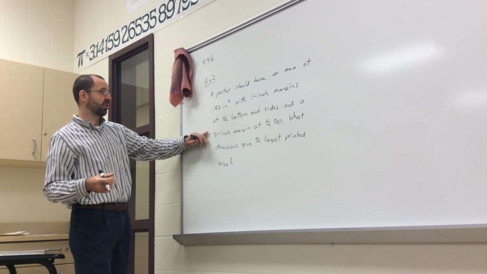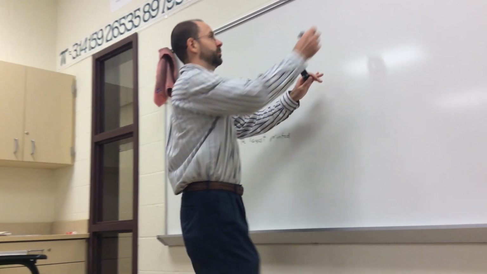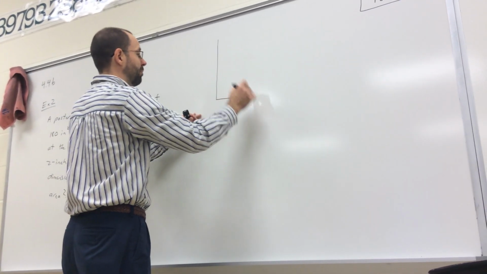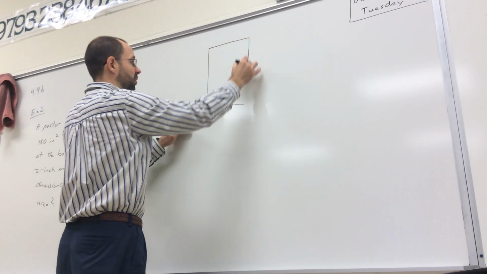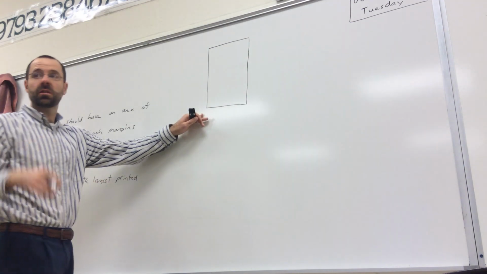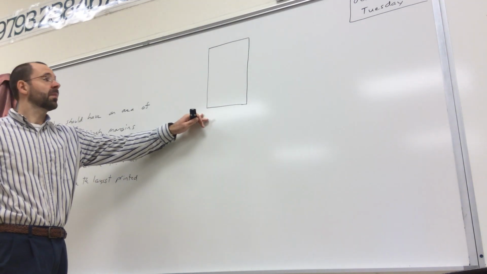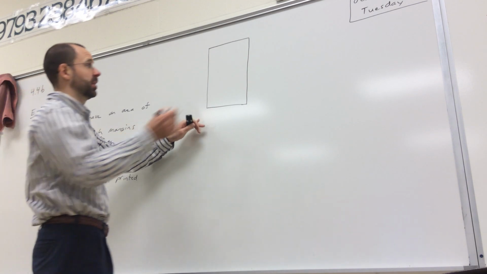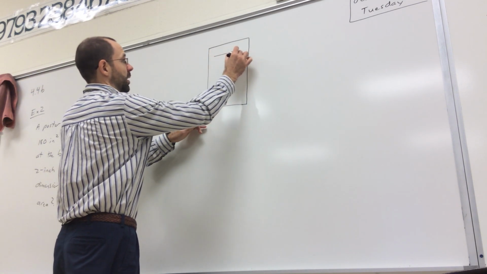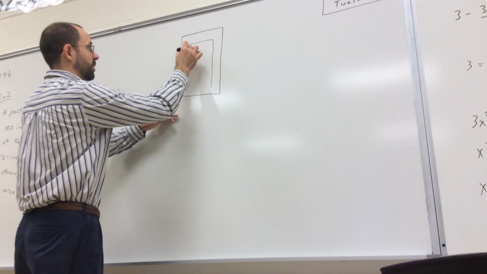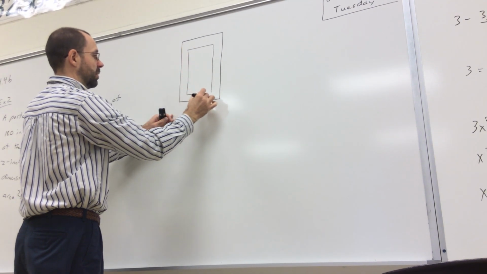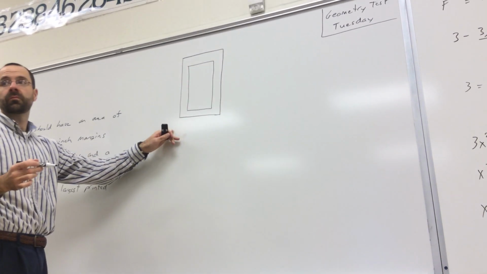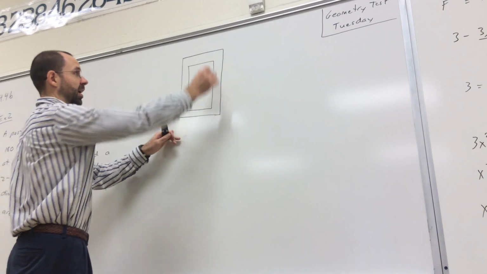All right, so I'm going to start drawing this poster. Here's the overall poster. And then there's printing in the middle of it. So it kind of looks like this. There's a nice white border around it.